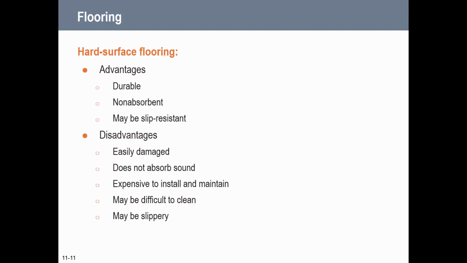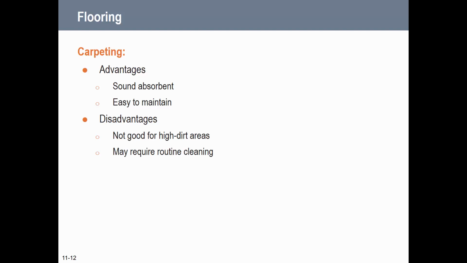They're a little bit more expensive, maybe a little bit more difficult to clean. Carpeting is sound absorbent, easy to maintain, but it's not necessarily good for high dirt areas, and it may require routine cleaning. Typically, we may see carpeting in a dining room. But again, it's normally a high traffic carpet that's made for that type of area, but it's just something to think about.